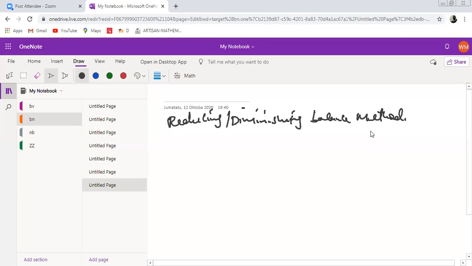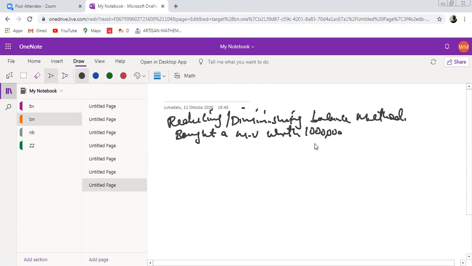So if you are given an illustration like this: a company bought a motor vehicle worth 1 million.